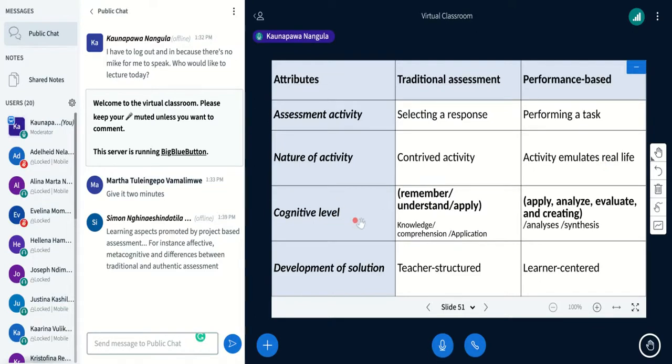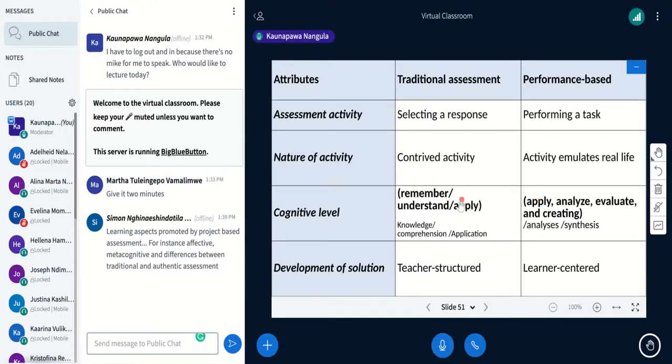And then the cognitive level, which we relate to Bloom's taxonomy. For traditional assessment, it looks at knowledge, comprehension, application. This is what is in the module, but this is the old Bloom's taxonomy, the one that is not revised. The revised Bloom's taxonomy looks at remember, understand, and apply.